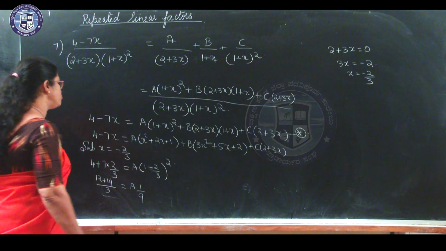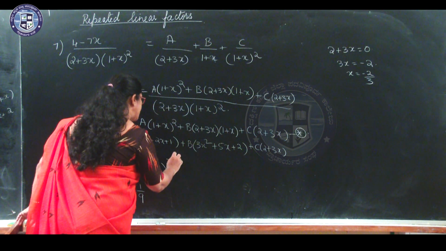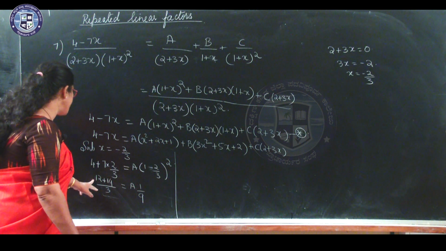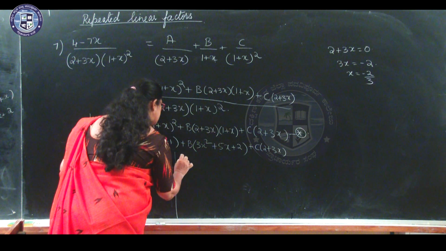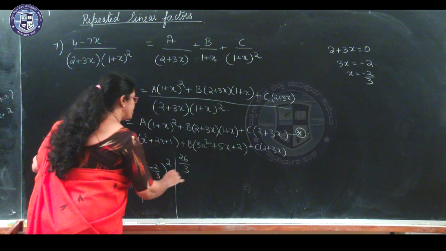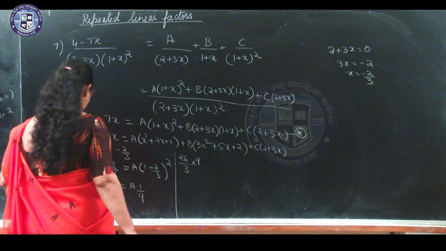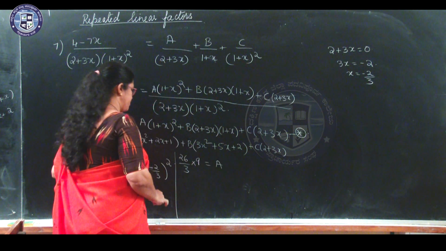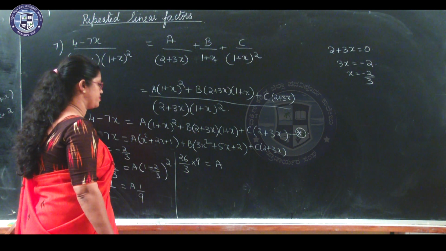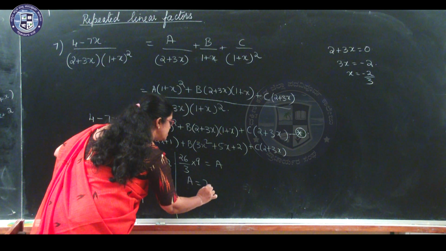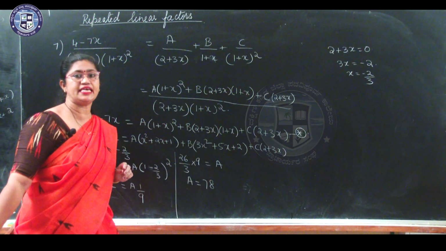Now take 9 to the other side. What you get here is 26 divided by 3 into 9 is equal to A. So calculate, you get A is equal to 78.